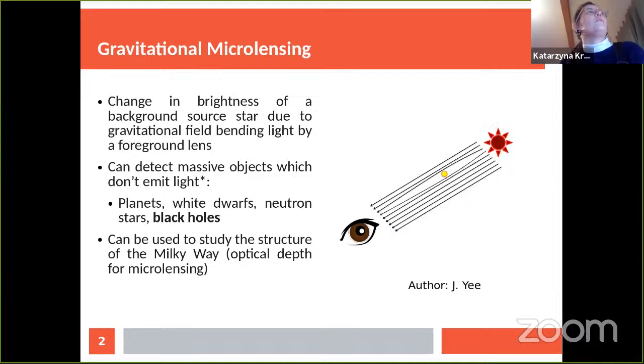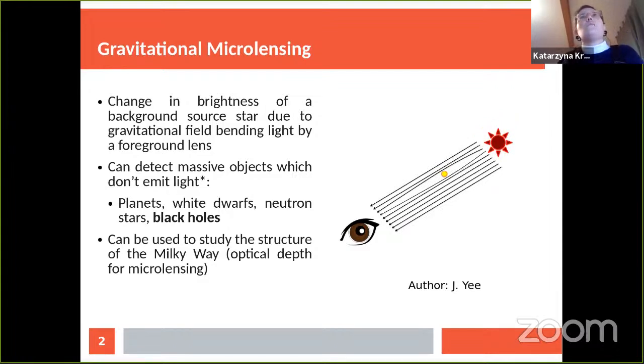Essentially, gravitational microlensing occurs when a massive object passes in front of a background star, and the gravitational field of this massive object acts like a lens and causes brightening of the source star. So essentially, it works the same as gravitational lensing.